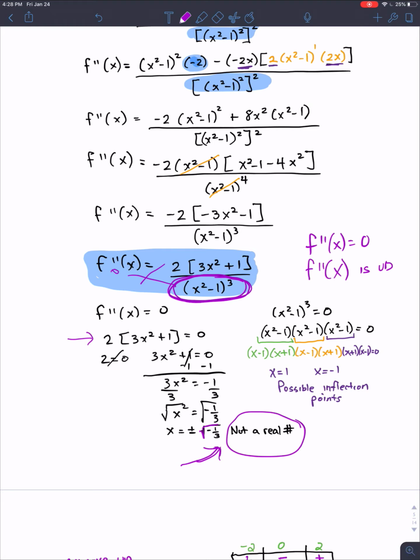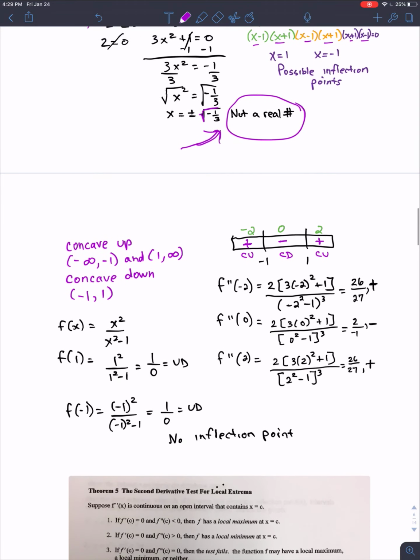When that value equals 0, the function is undefined. We're going to break that apart because there are 3 factors there, and x squared minus 1 is a difference of squares. And when you set them equal to 0, you're going to get 2 possible inflection points, at 1 and -1.